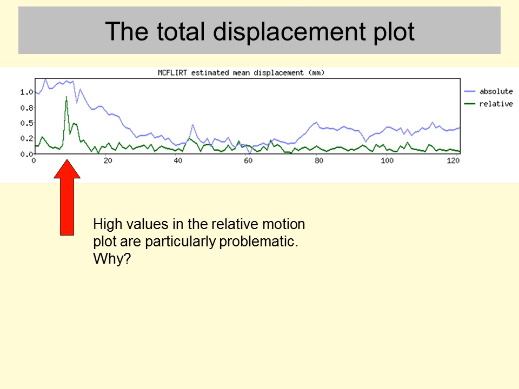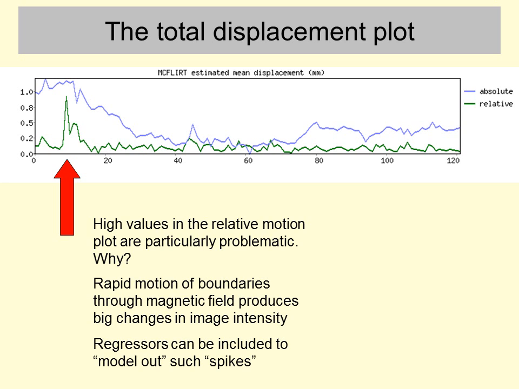And the reason these are particularly problematic relates back to what I talked about last week, which is that when you move tissue boundaries through the magnetic field, so for example when you move that boundary between the air in your sinuses and your skull, or between the brain and the skull, when you move that boundary through the magnetic field, it actually causes the distortions in the magnetic field to change.